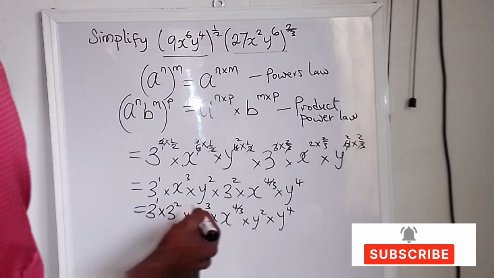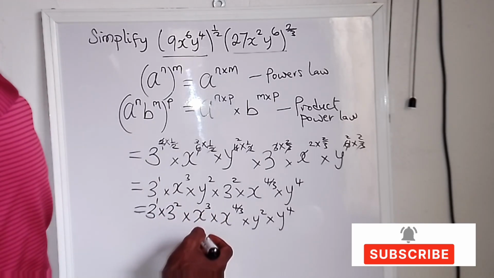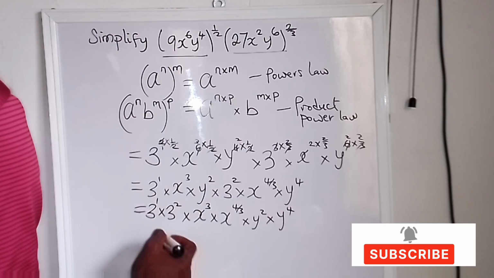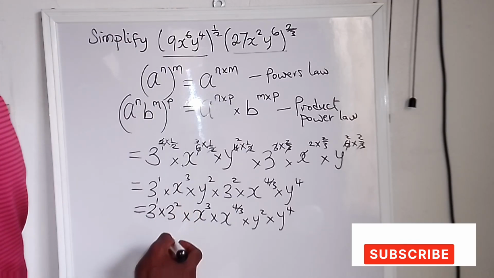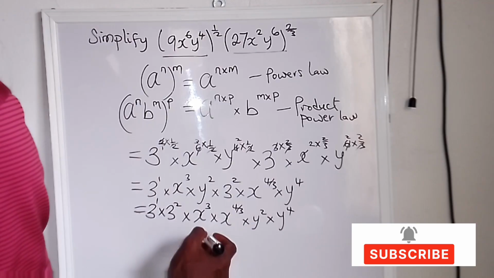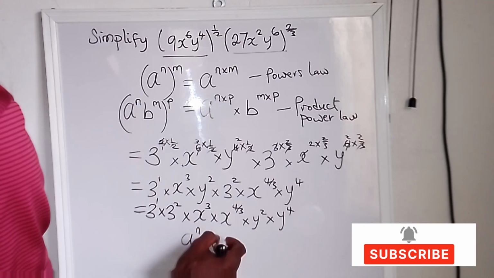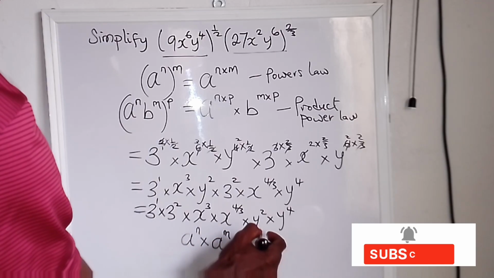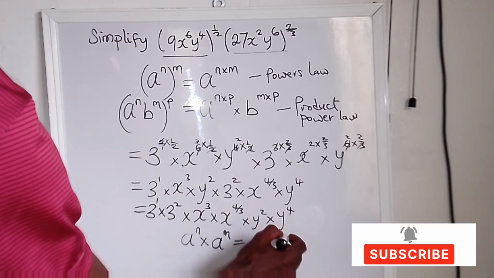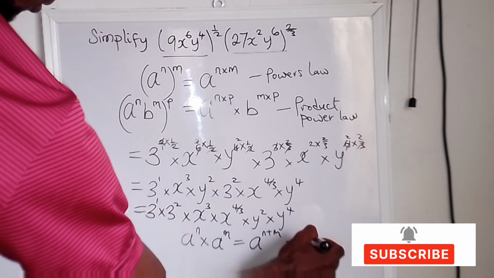From here, the next thing is called the product law. When we have the same base, we add their powers. Let's take an example: if we have a raised to the power n times a raised to the power of m, then we will have a raised to the power of n plus m. We call this the product law.